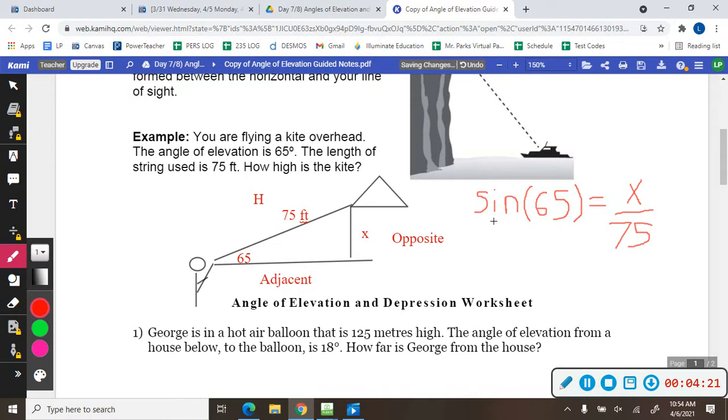To solve that, I'd put that over 1. Cross multiply, you get 1 times x is x. And then take 75 times sine of 65.